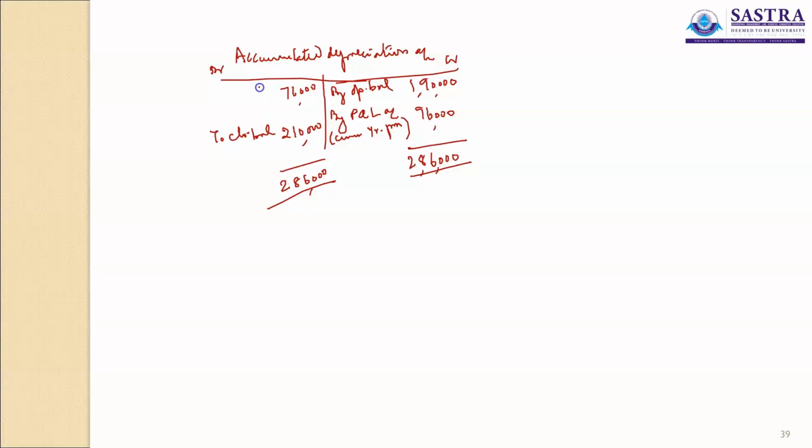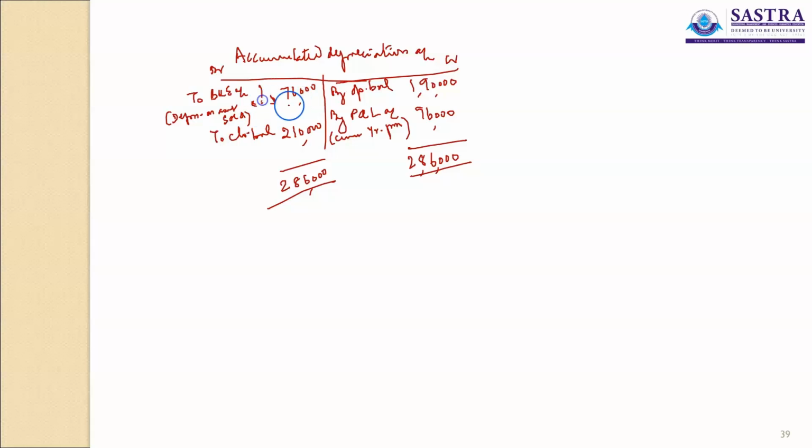This is arrived at as a balancing figure. This is nothing but asset account, so this should be transferred to the building and equipment account. This is your depreciation on asset sold, 76,000.